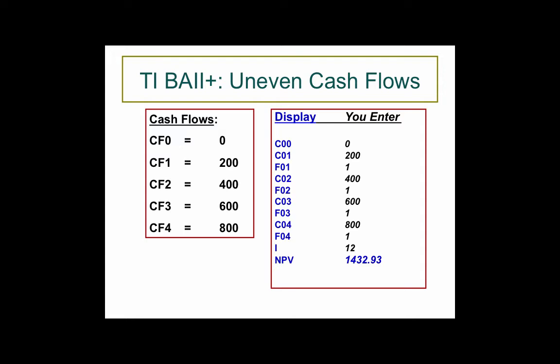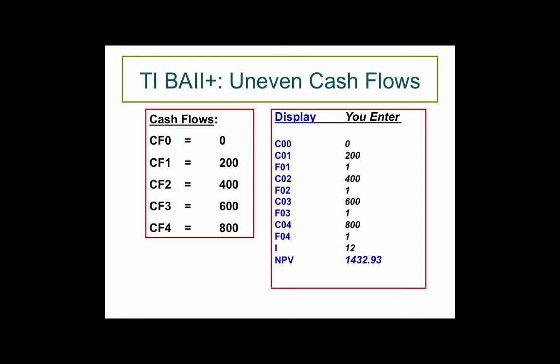And then you hit the down arrow to cash flow 1. You're going to do 200, enter, down arrow. Now because the frequencies aren't changing, these are from one year to the next, you can just skip right over frequency 1, its default is 1, and move on by hitting the down arrow to cash flow 2, put in 400, hit enter, skip over the frequency, go to cash flow 3, hit 600, hit enter, go to cash flow 4 and hit 800, enter.